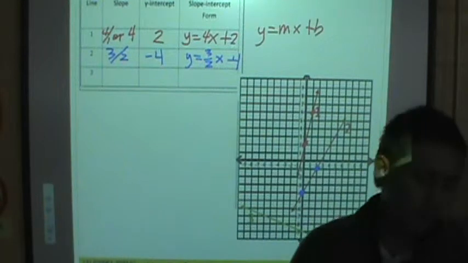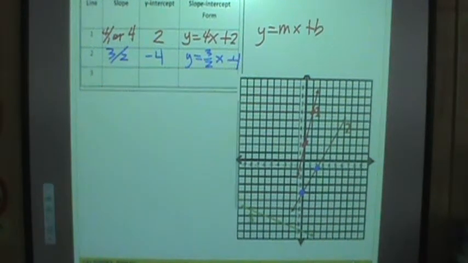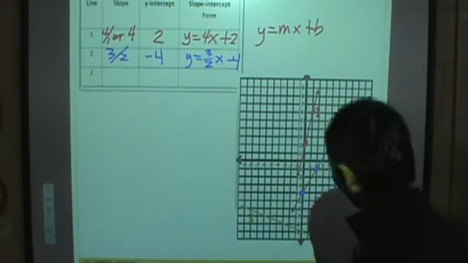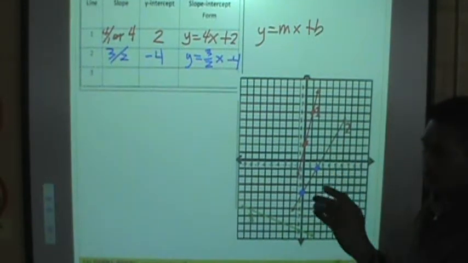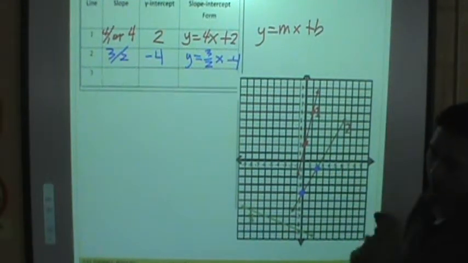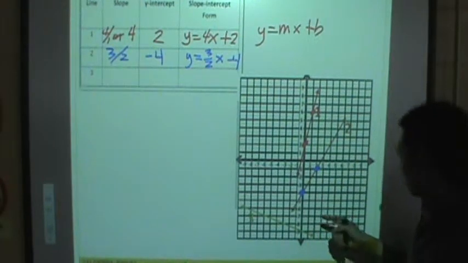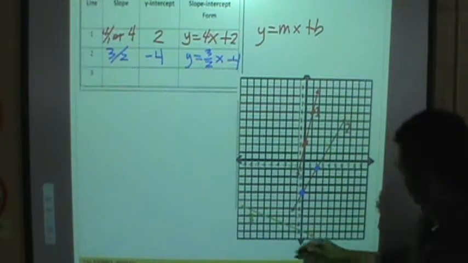Now, I need you to try number 3. Okay, like what I said before, you need to find the two points where the graph is crossing the corners of the squares.